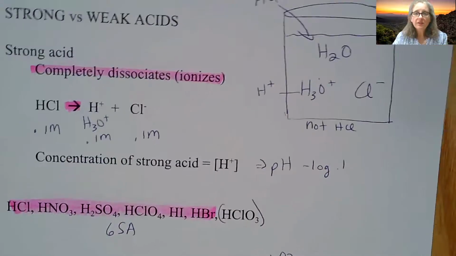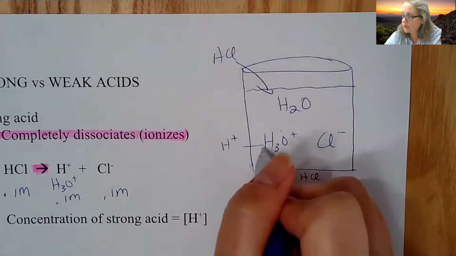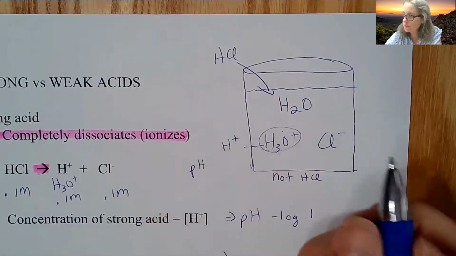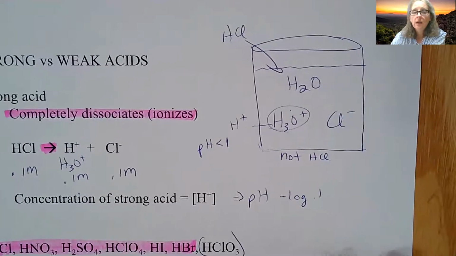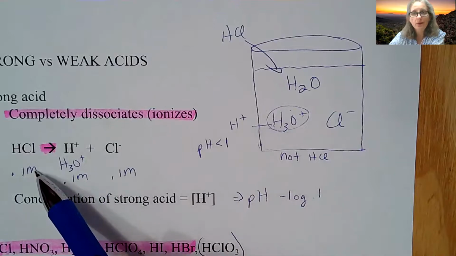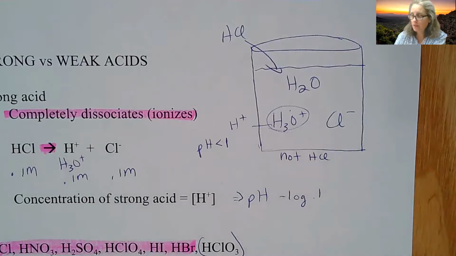Now, to finish this up, realize that because you have a large amount of H3O plus in here, your pH for strong acids is going to be usually less than 1 or around 1, because even if you have just a very small concentration of a strong acid, you're going to have a huge amount of H3O plus being produced.